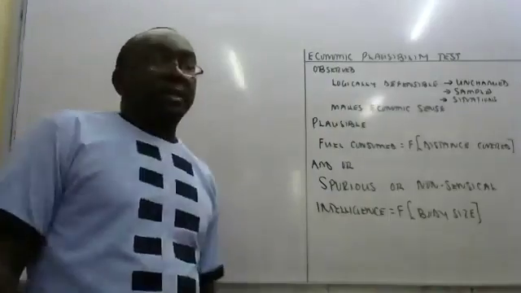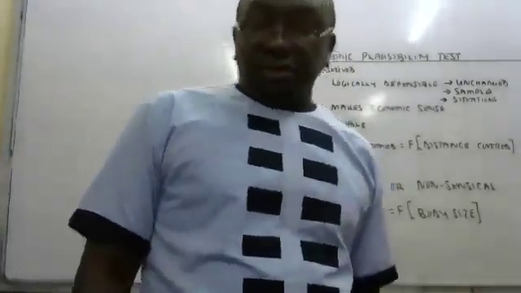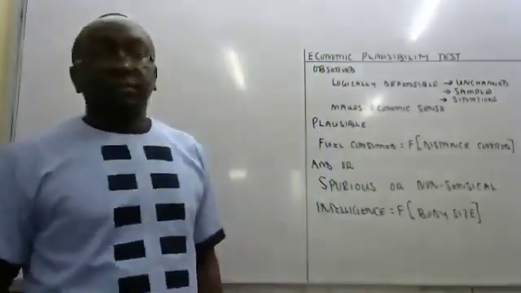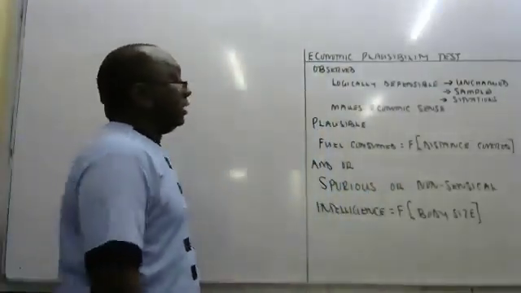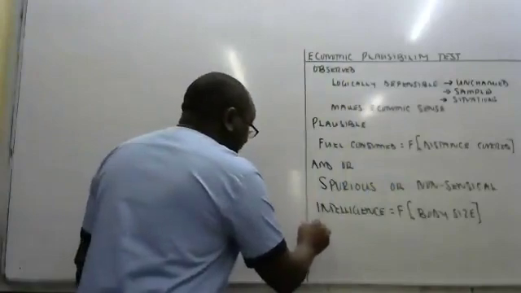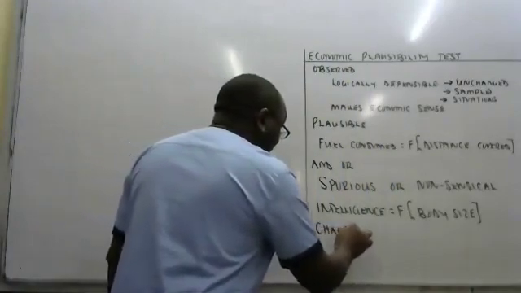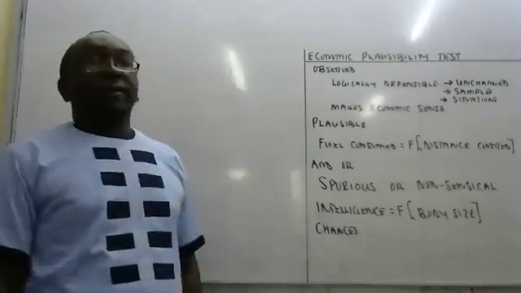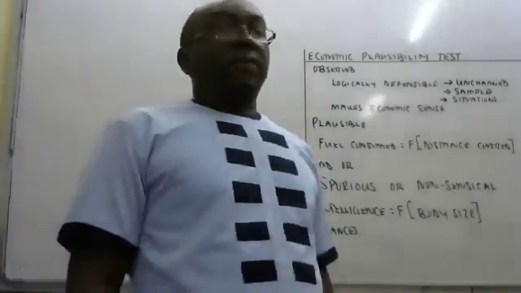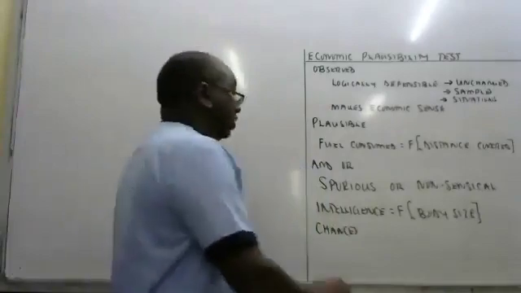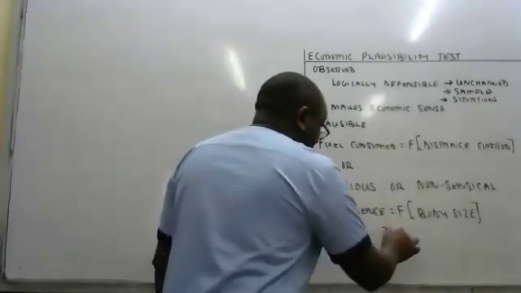Then down there we write that spurious relationships arise as a result of chances, or relationship with third parties.